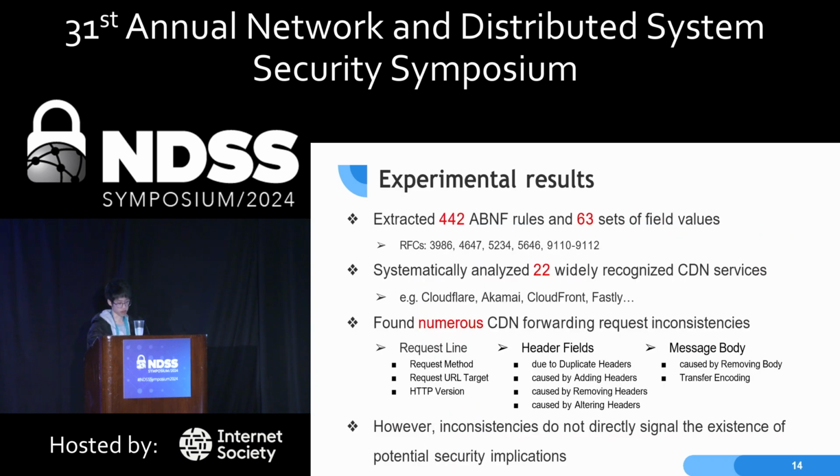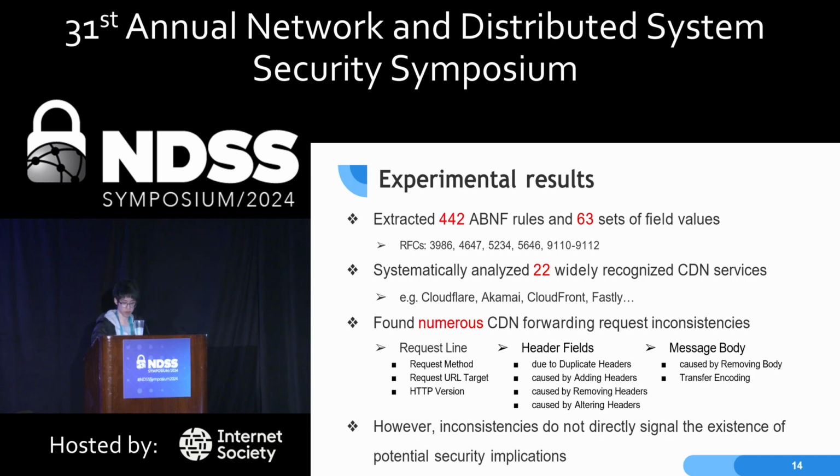Then we deployed ReqsMiner on the server to do some other experiments. From RFCs and real web server logs, we extracted 442 ABNF rules and 63 sets of field variables. Then we systematically analyzed 22 famous CDN servers, including Cloudflare, Akamai, Confluent, and Fastly.